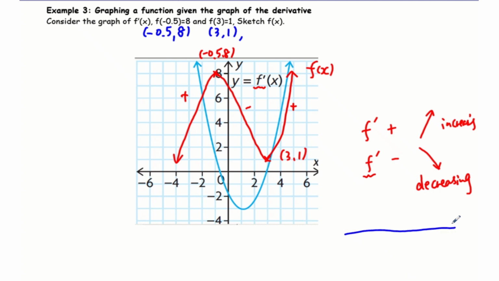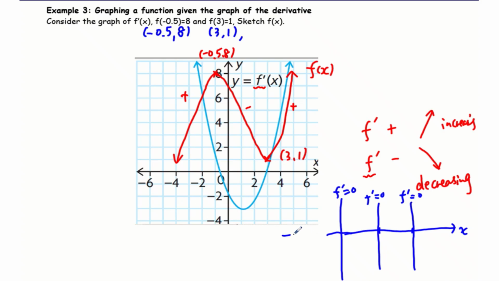When we draw the chart, we put the x values on the dividers. With 2 zeros of f prime, we have 3 intervals. If we have 3 zeros, then we have 1, 2, 3, 4 intervals. And here we find whether f prime is positive or negative. Then based on the positive or negative, we can find the decreasing or increasing.